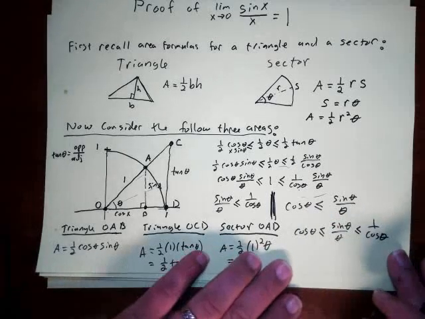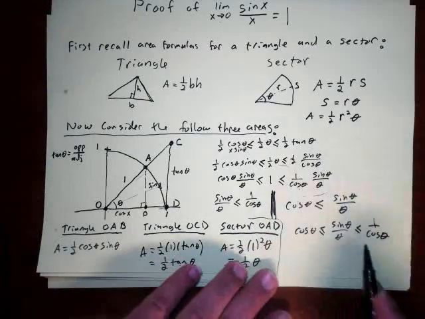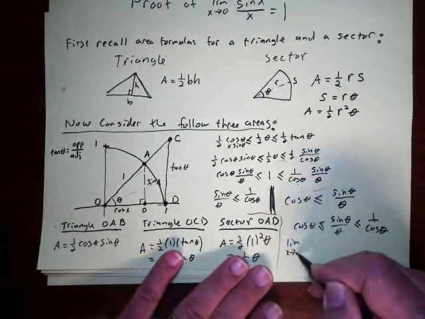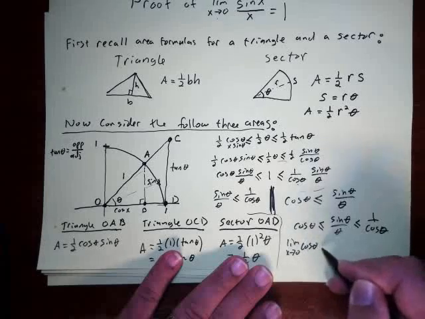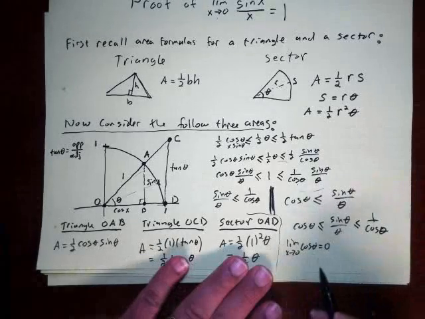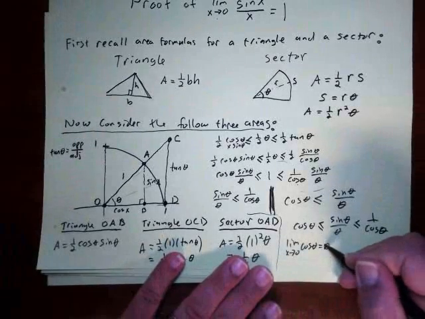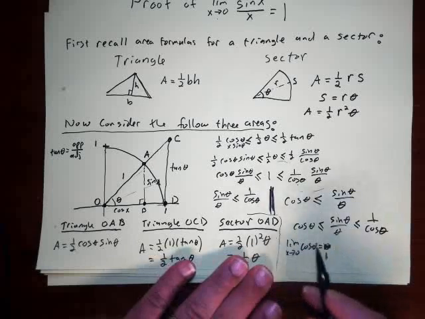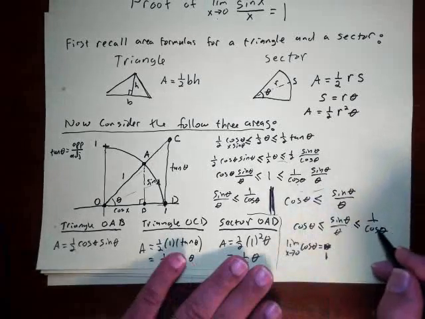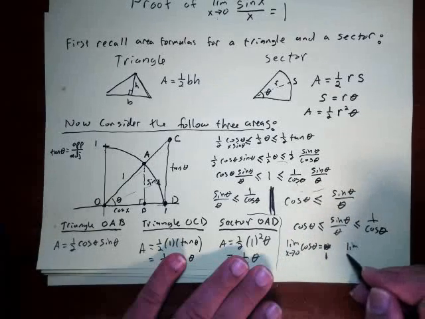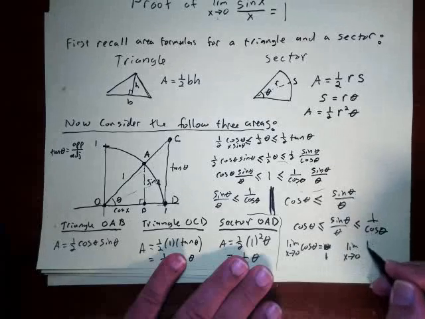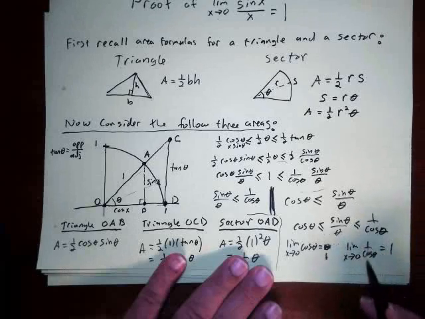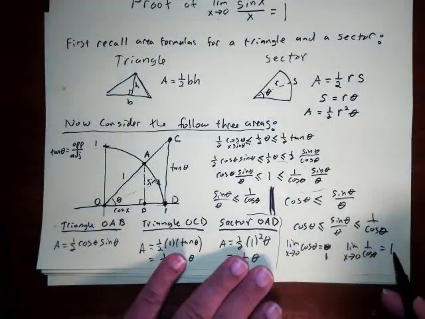Okay, and so now that I get this, well, the limit as x goes to 0 of cosine theta is just equal to 1, because that's what cosine approaches. Similar here, the limit as x goes to 0 of 1 over cosine theta is also equal to 1, because you can take the limit of the top and bottom, that's going to 1.